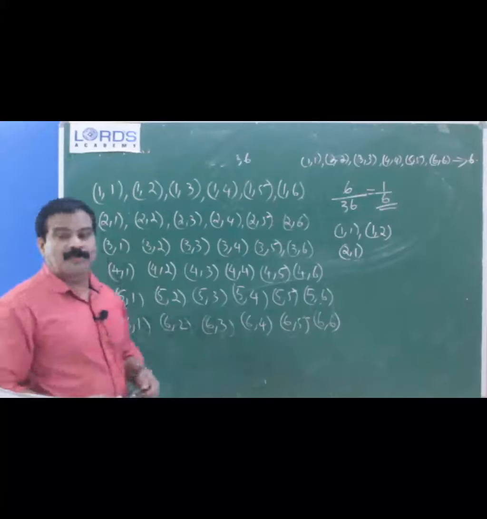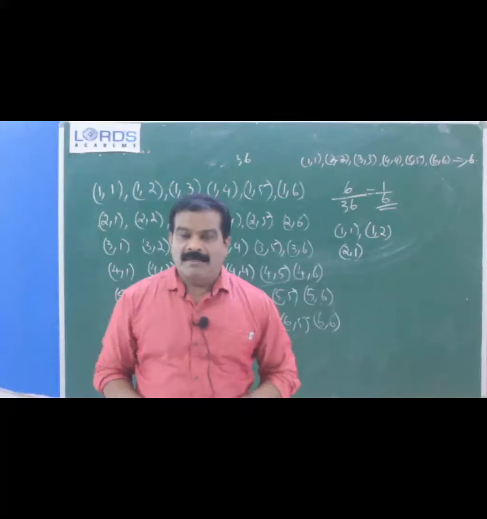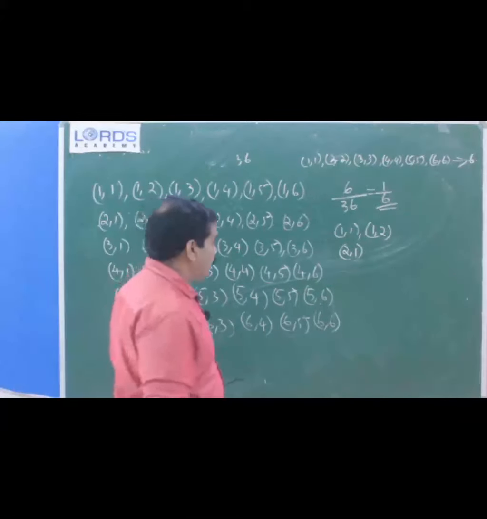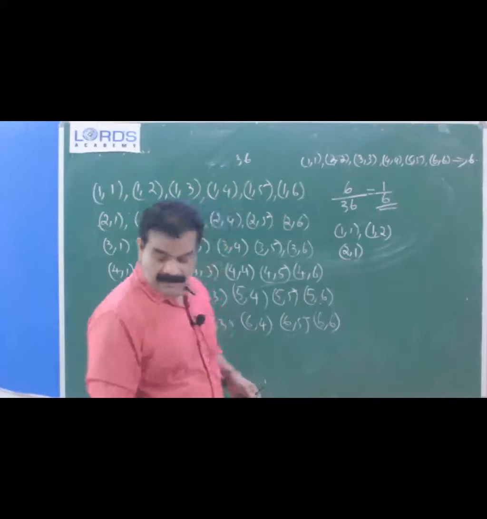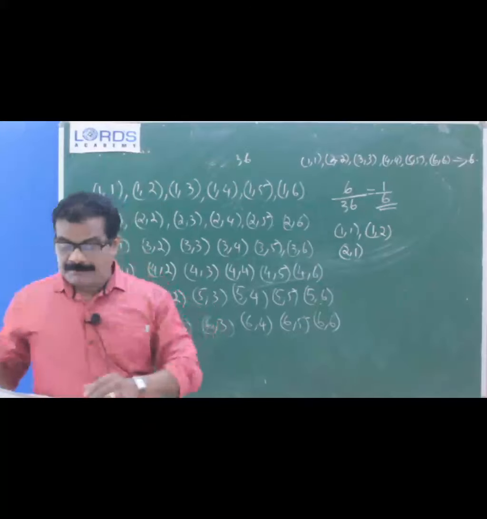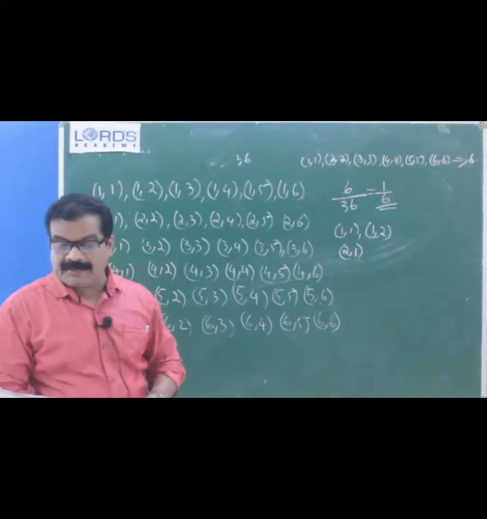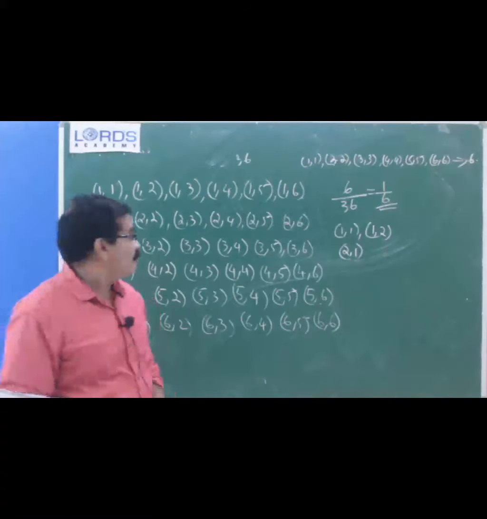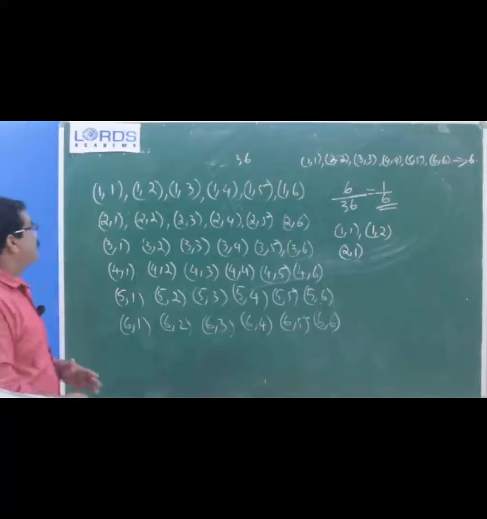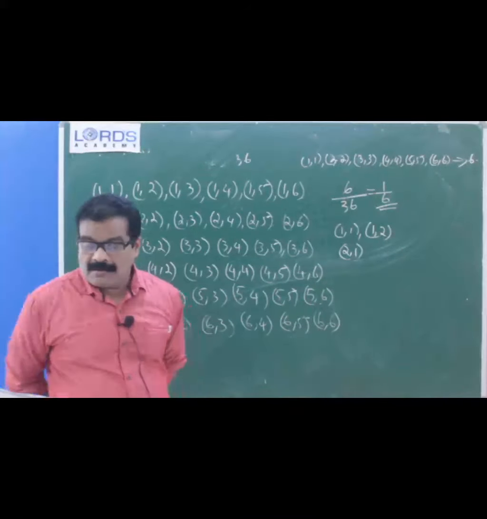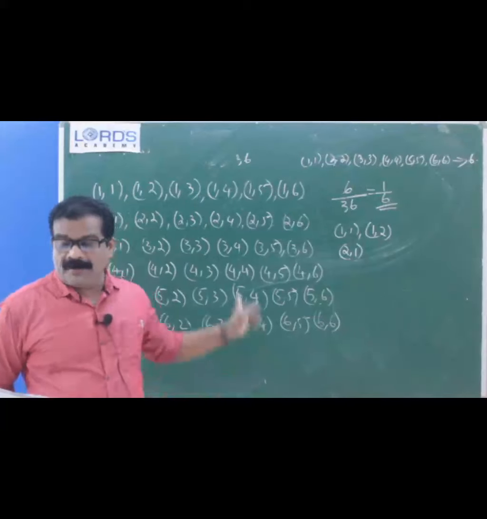All of you switch on your audio. From this, a number less than 3 on each dice, I will get... you find out that one also.